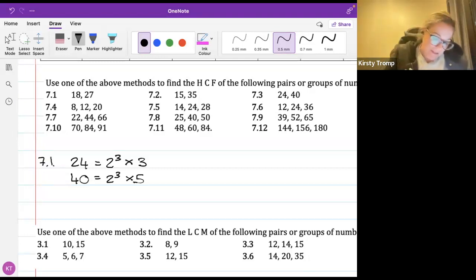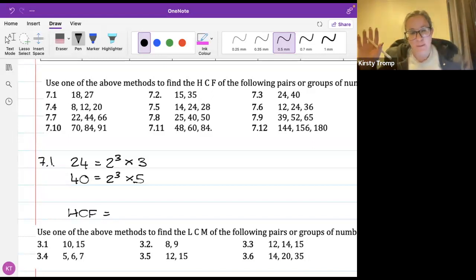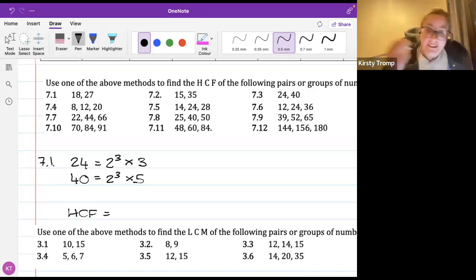All right, okay. So first of all, we're going to do HCF. Now, we know what HCF means. It means highest common factor. Tell me, what does the F stand for? What did I say? Friends. Good. So let's try to be friends.